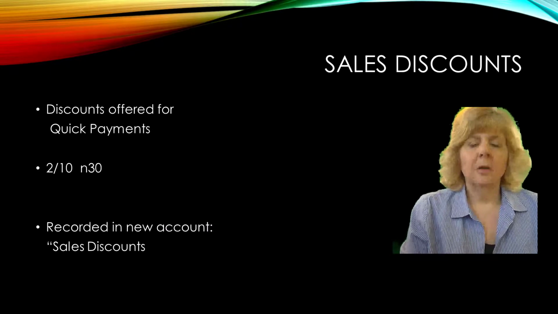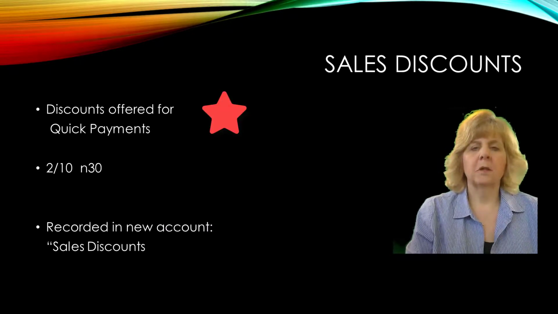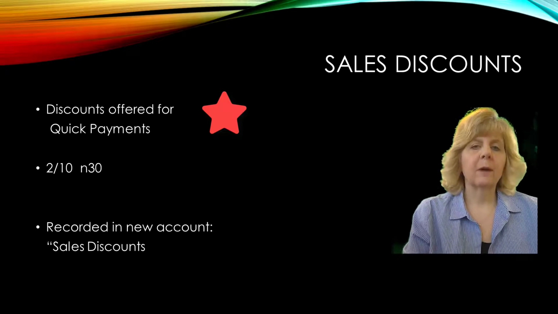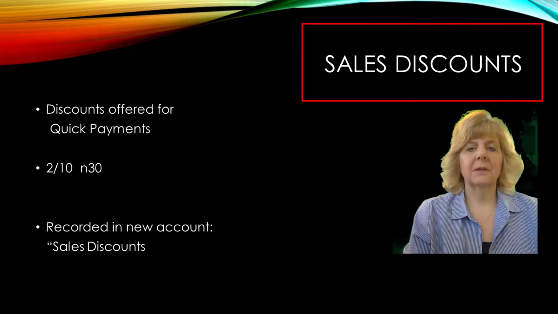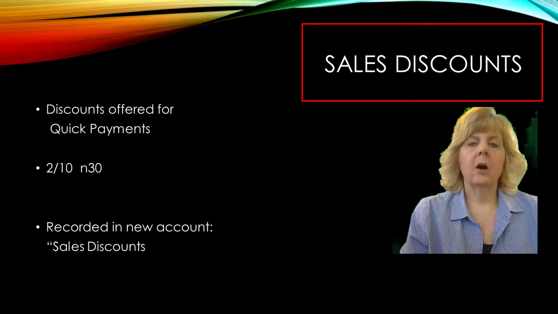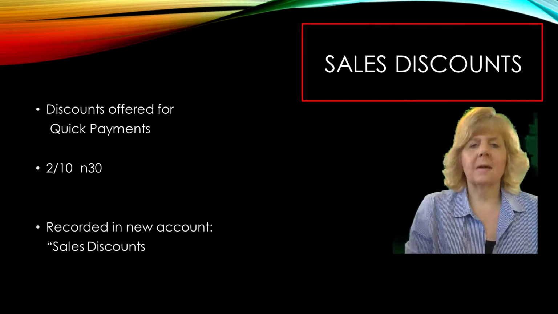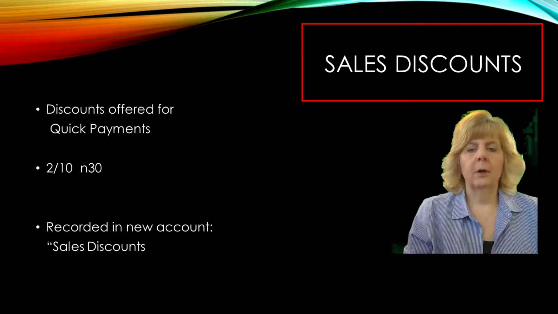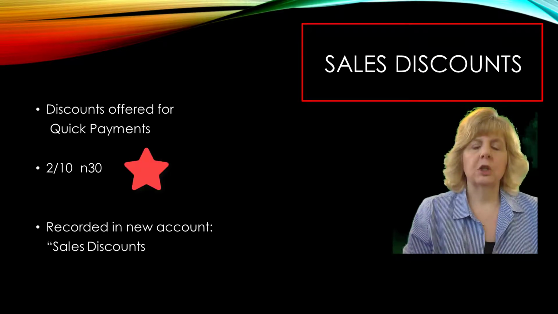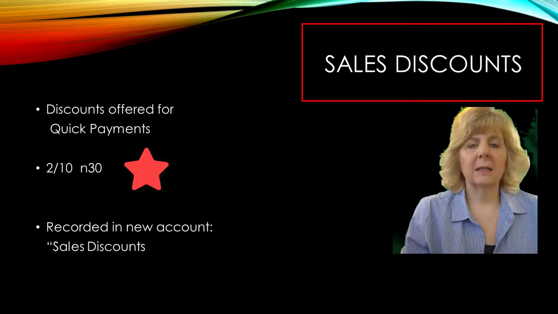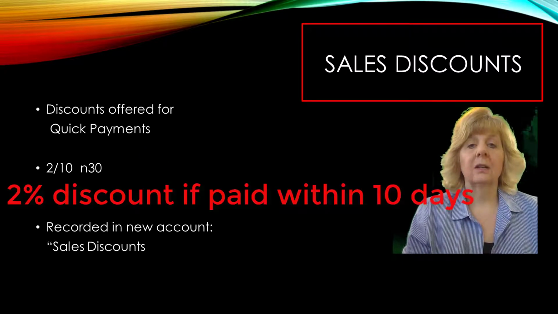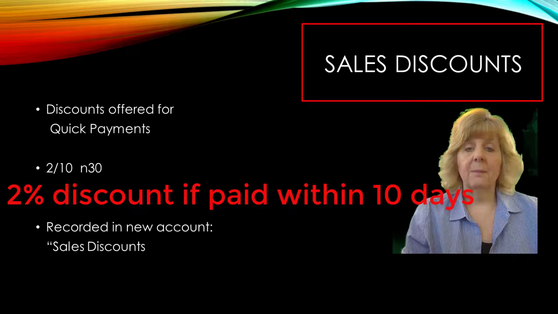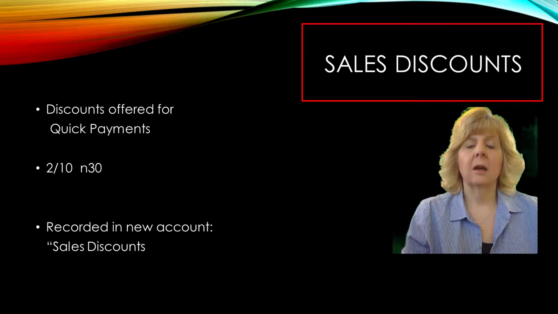Sometimes companies will entice customers to pay early by providing incentives to do so. These are called sales discounts, and they are often presented in a fractional form. For example, a 2/10 net 30 discount would mean that a 2% discount is offered if the company pays within 10 days.